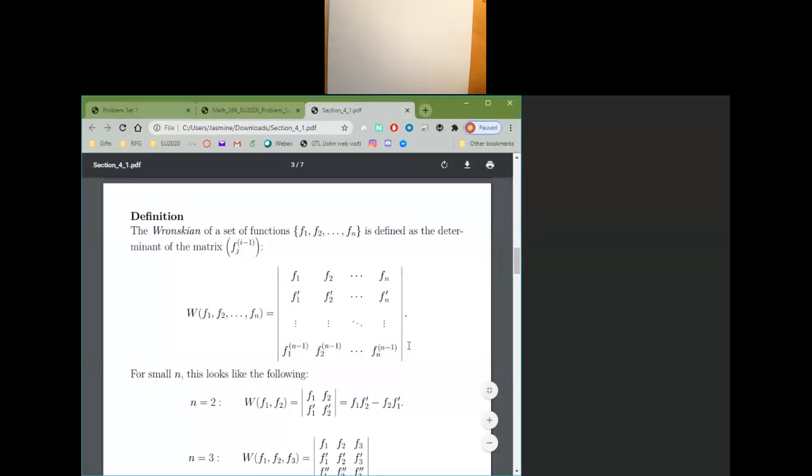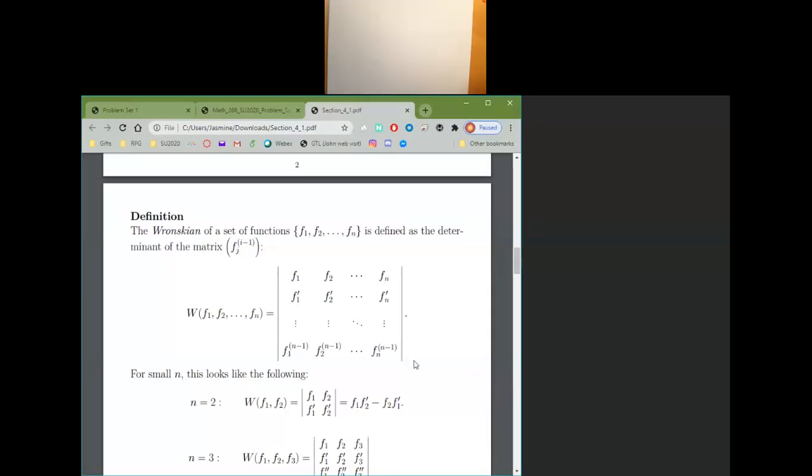Okay. The beautiful thing is, I remember, I think I was probably in Calc 3, the first time I saw this. And I remember panicking because there's no way I'm going to remember which one is the row and which one is the column and how I'm supposed to write this thing.